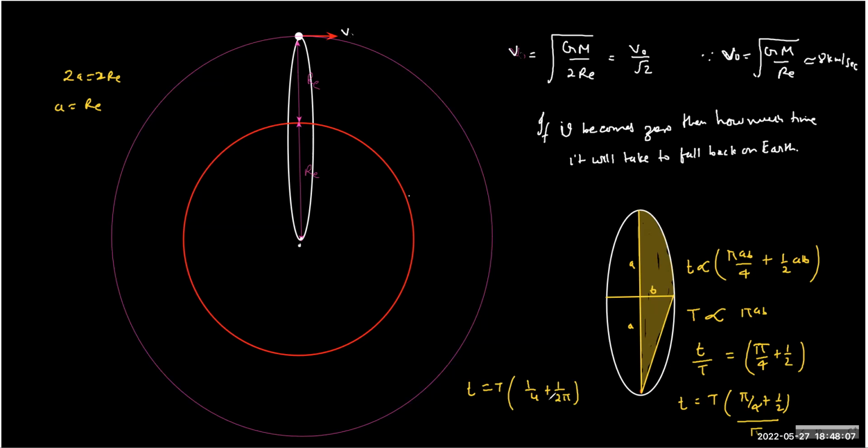That's the right answer. So 1 by 4 is 0.25 plus 1 by 2 pi, which is 1 divided by 2 pi.